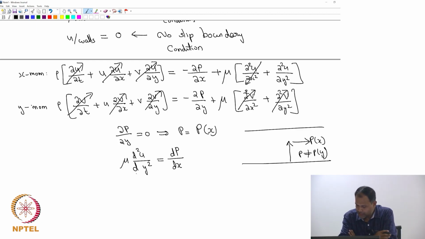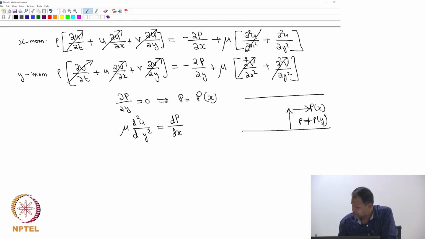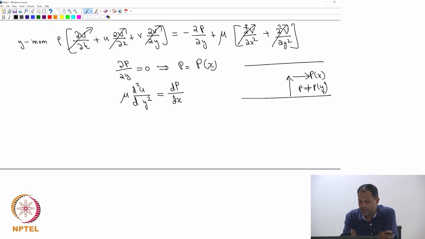Now, if you look at this, what does this tell you? Mu into d²u/dy² is equal to dp/dx. Can you say what this could be? Anything more? Can this be a function of, so if I write this f, should I write it as a function of x or y?